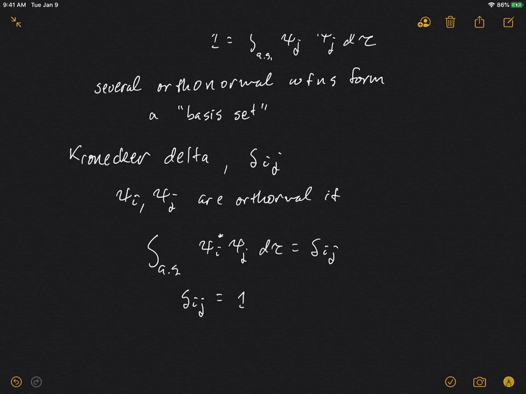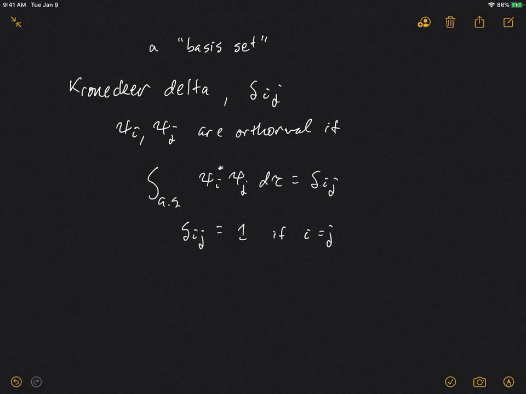So delta ij would be equal to 1 if i equals j, so where i is 1 and j is 1, or i is 2 and j is 2, and equal to 0 if i and j are different labels or different integers for these wave functions.